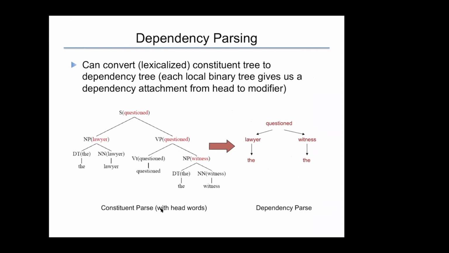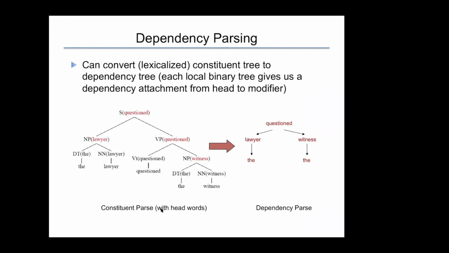So in the early days, people were trying to translate from the constituent parse, of course, using algorithms like CKY parsing with the PCFG. With these, you can create a constituent parse. It's very hard to pronounce. And then given this parse, you can translate that into a dependency parse relatively easily.